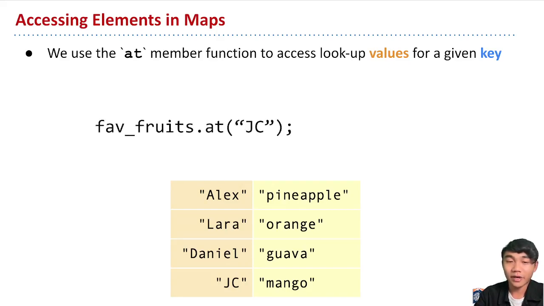So if I want to find the favorite fruit of JC, the key is JC. So we can pass in that key to the at member function. We call the at member function, and we pass in the key JC to find that mango is what's associated with that key. So you can kind of think of the key as what unlocks the value. So the key value pair, the key kind of unlocks that value.